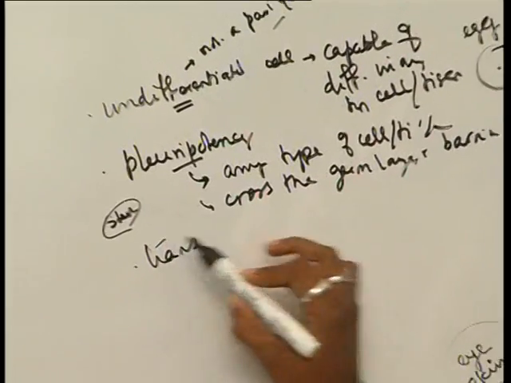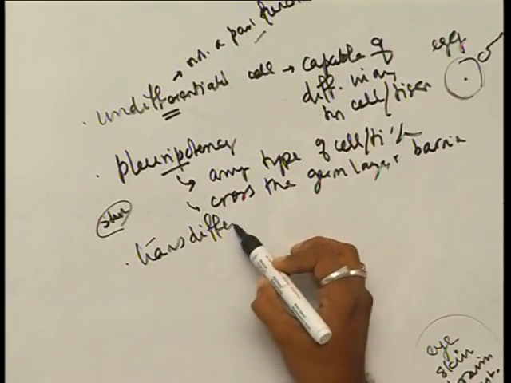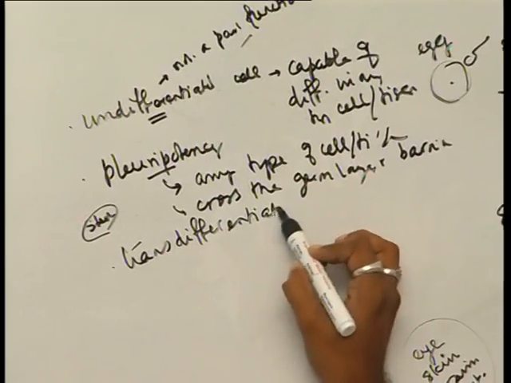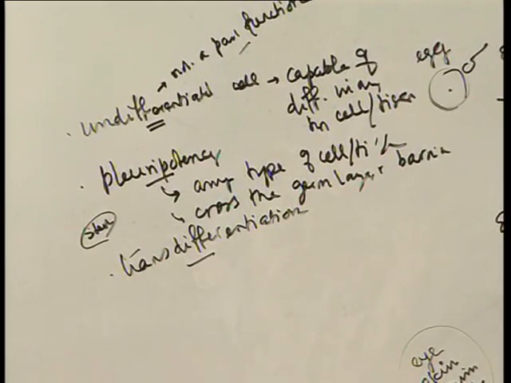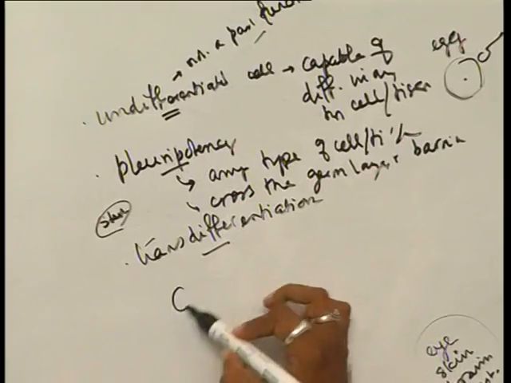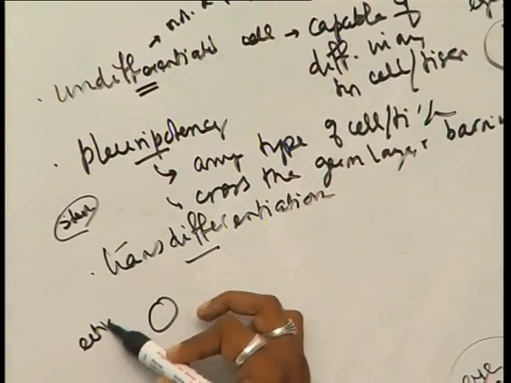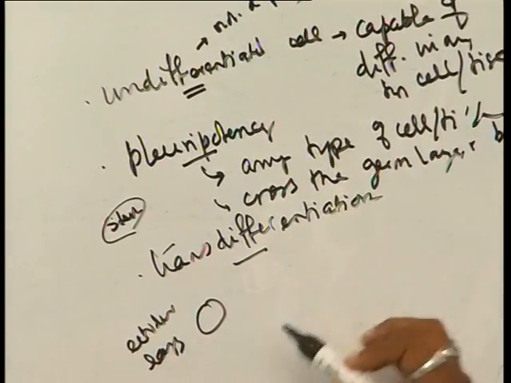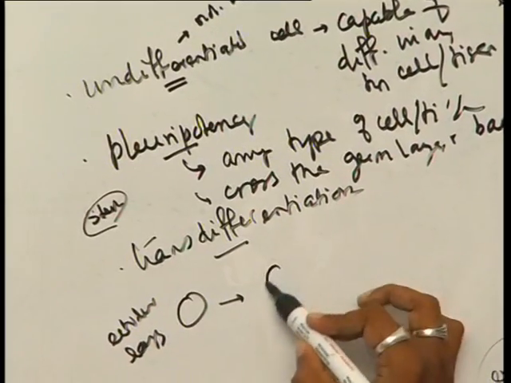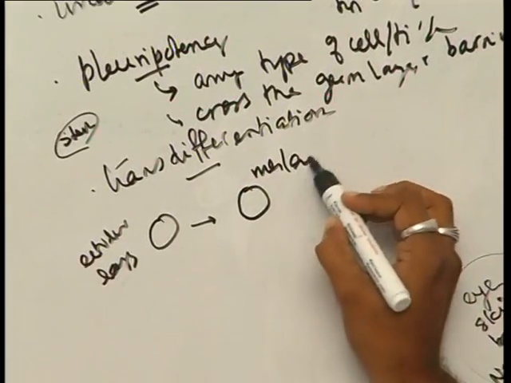Third, transdifferentiation. A stem cell which you take from the ectodermal layer can form a cell of the mesodermal or endodermal type.